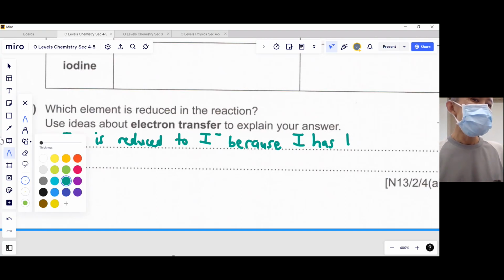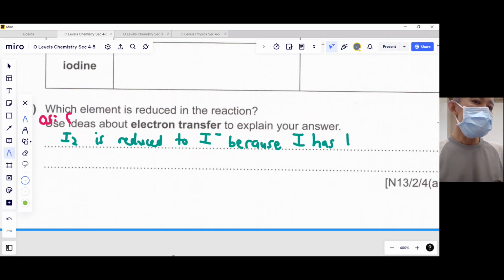Okay, never mind. Come, look at the OS. I2 is 0. I minus is -1. So OS has decreased by 1, no? And that means what? That means there's a gain of 1 electron.